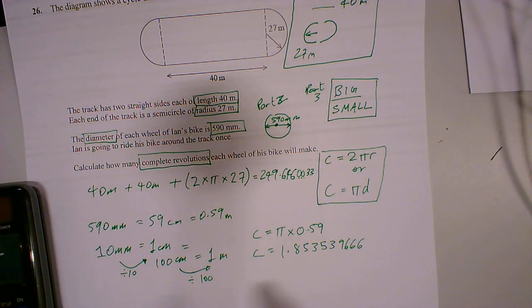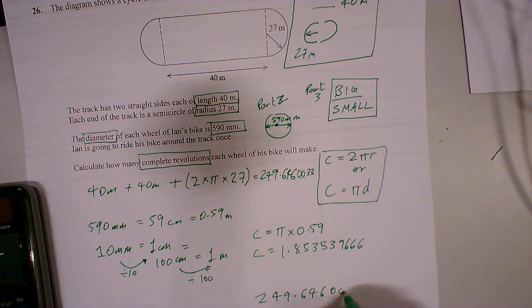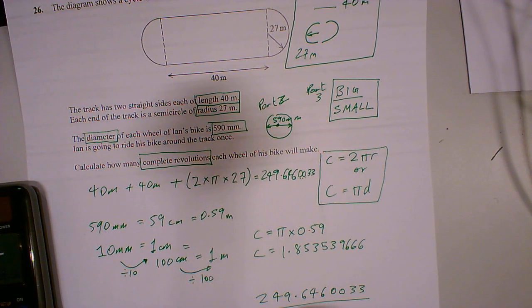So I'm going to have 249.6460033 divided by 1.8539666.